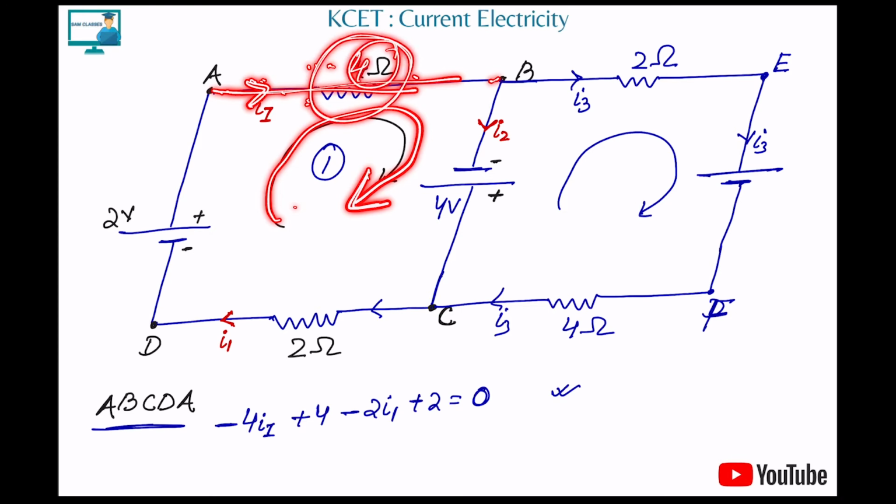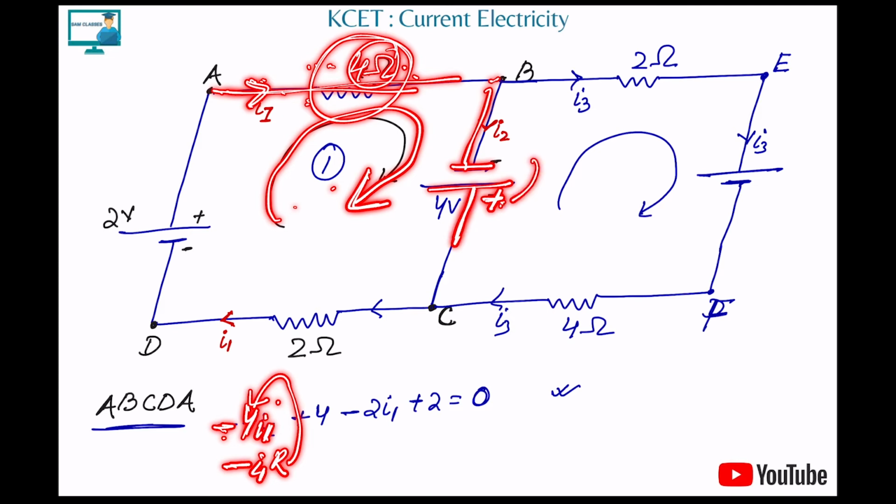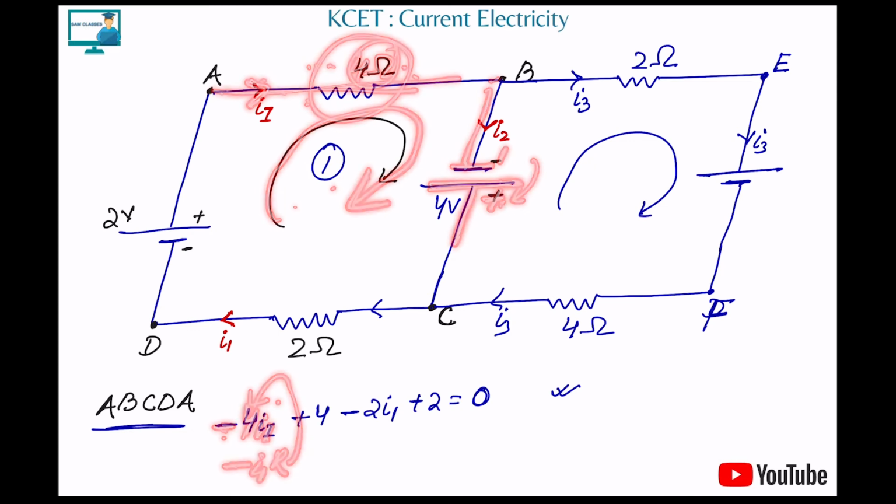What is the voltage here? IR. What is the current flowing? I1. And the resistance is 4. So minus I1 R, and in this case R is 4 ohm, so it is minus 4 I1. Correct. Next I'm hitting a battery. Whatever the leaving part of the battery is, if it is positive, the big line means positive, I'll write plus 4.